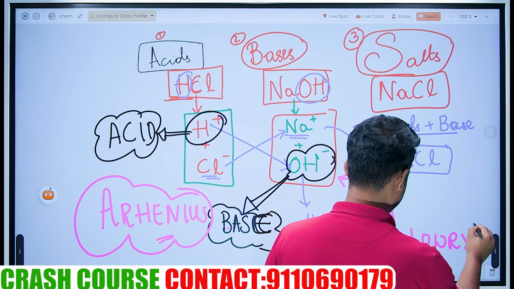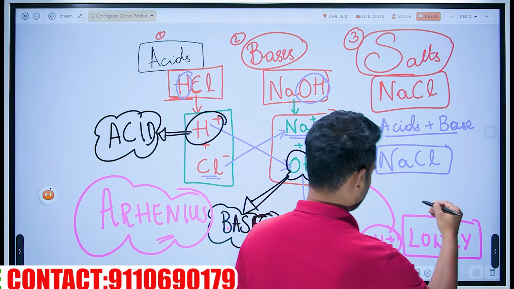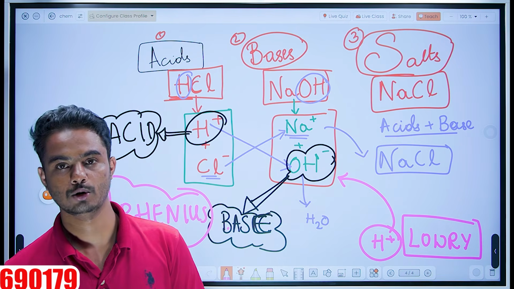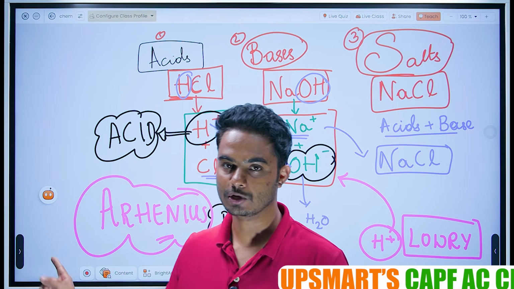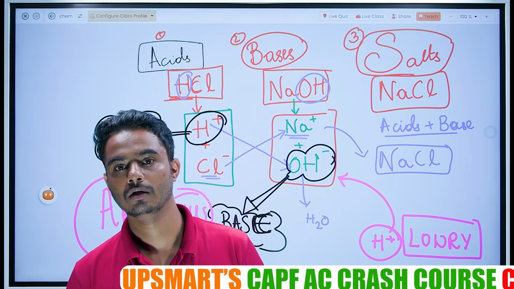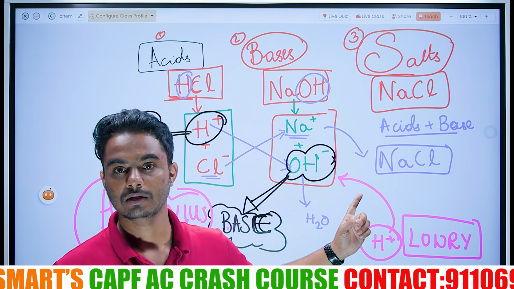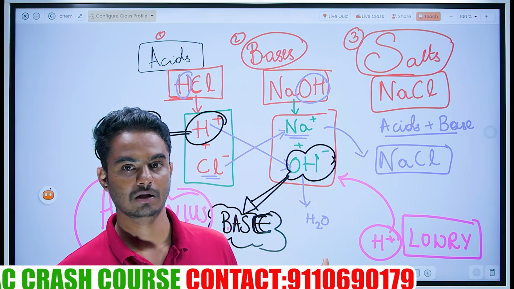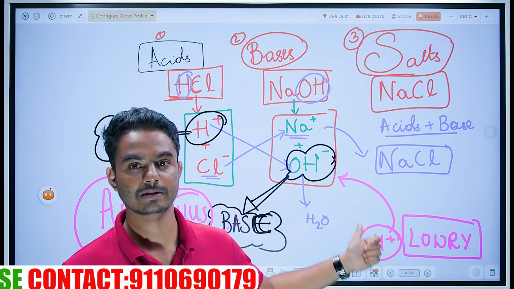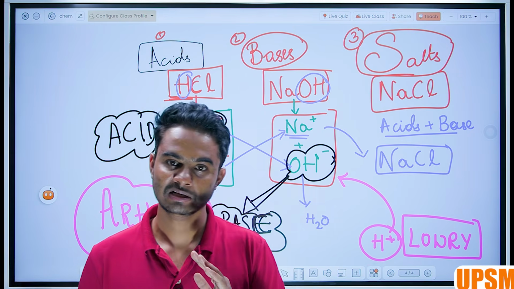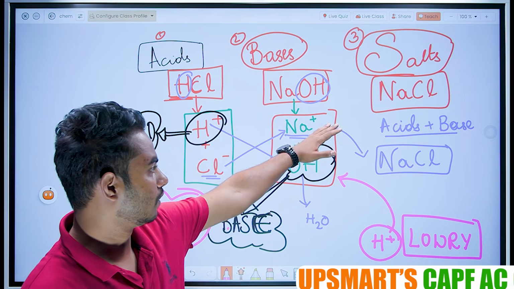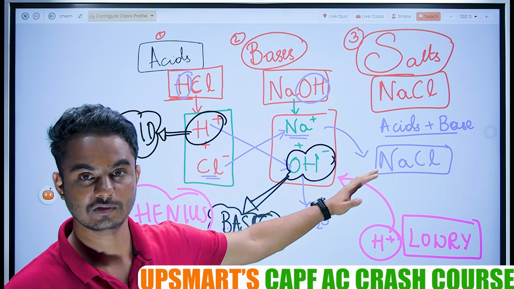Don't spell it wrong. Arrhenius gave the H+ and OH- hypothesis. Lowry gave the H+ acceptance theory by the base, and this determines the basic nature of a substance. Easy, clear. And salt is acid plus base. What is produced is salt.